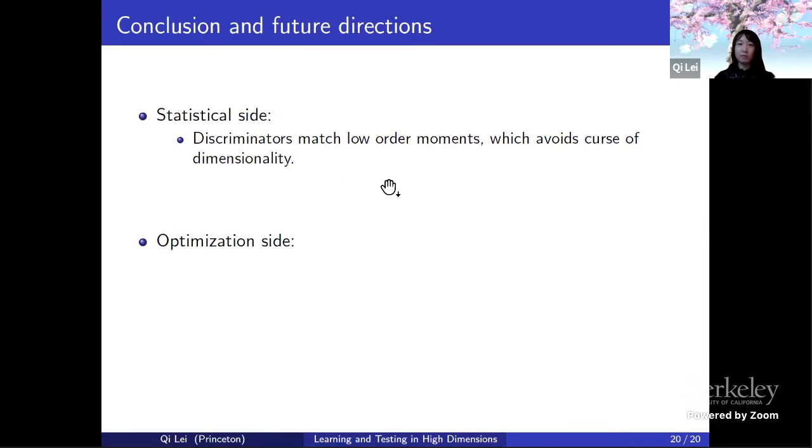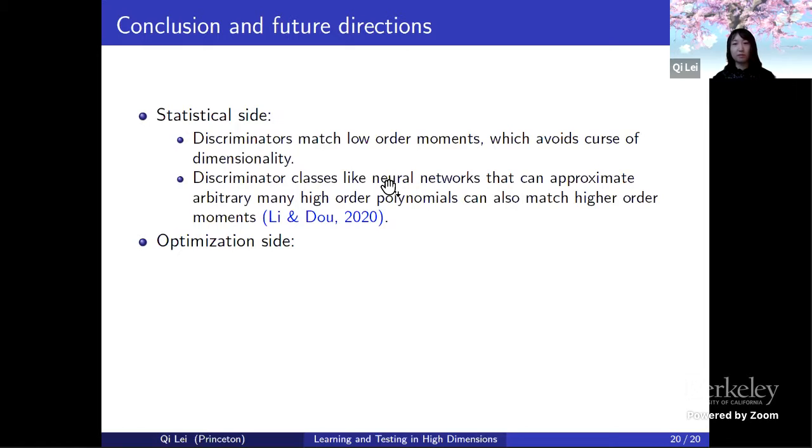This seems simple, but it's easy to take a further step, because discriminator classes like neural networks can actually approximate arbitrarily many higher level polynomials. Therefore, they can naturally learn a larger class of generator functions, as some follow-up work, Li and Dou, shows. However, of course, for higher moments, it's harder to get optimization results.